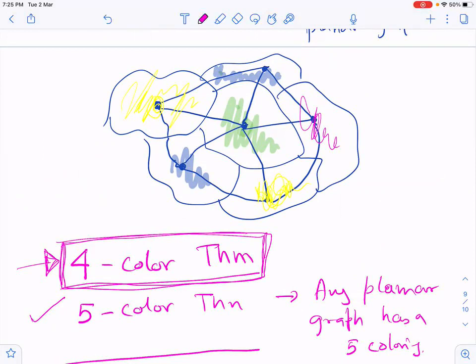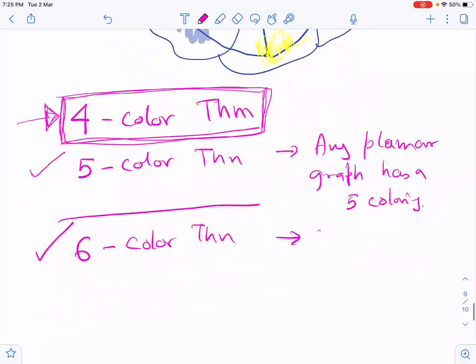Sure, but if the first one is true, then the other two are kind of obvious, isn't it? Obviously, but I will not be proving the first one. The first one is very complicated. So of course, 4-color implies 5-color implies 6-color, obviously. But I will prove the easier one.